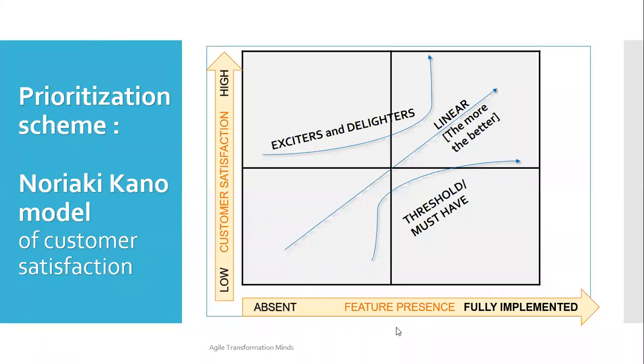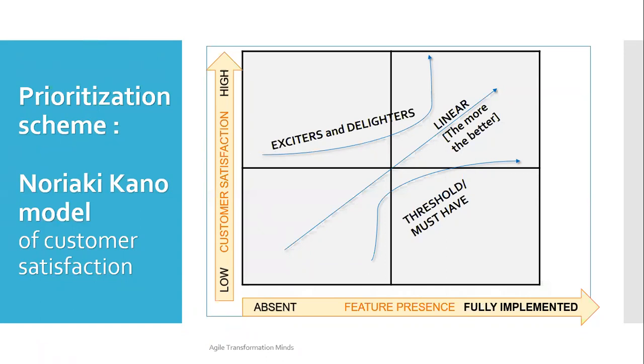It's a set of the product backlog. The bottom left is where your feature is absent and customer satisfaction is low. Our intention is to reach the upper quadrant, where the feature presence is fully implemented and your customer satisfaction is high.